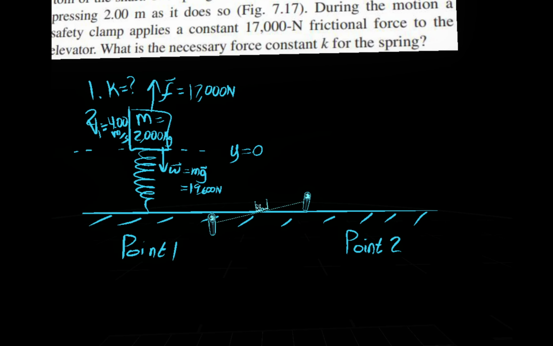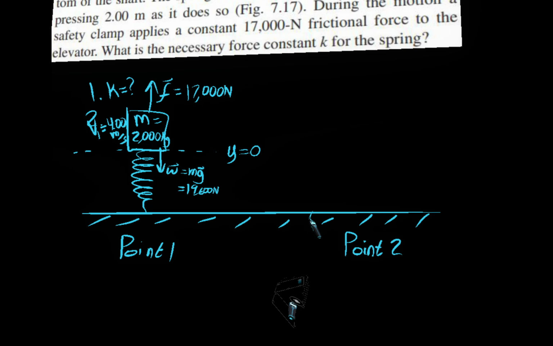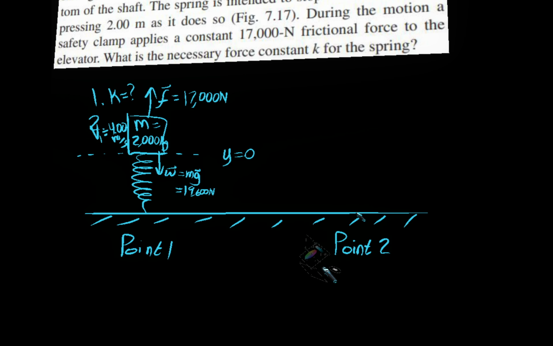Now let's come back over, talk about point 2. At point 2, the spring is compressed. So I'll just do this a lot more compacted. And it's lower than the other one. At this point, the spring is compressed, and y is going to be something less.